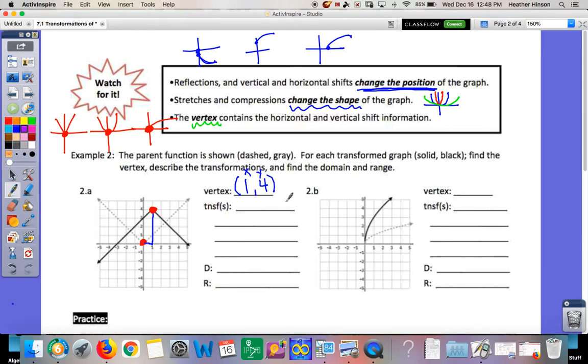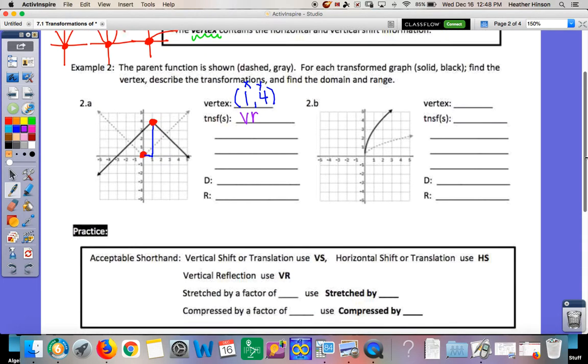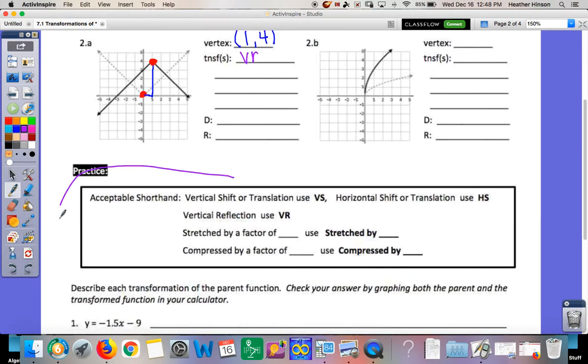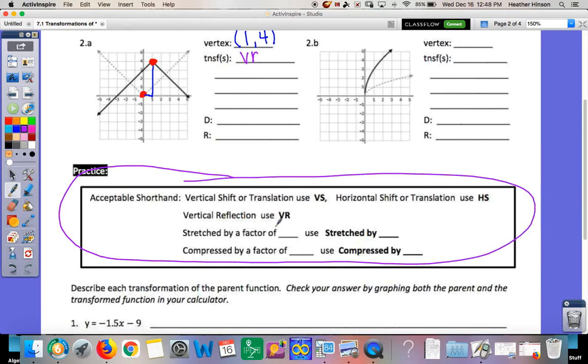Okay, and so what are our shifts? What are our transformations? Do we have a reflection? Did it flip upside down? Yes, it flipped upside down. So we're going to have a vertical reflection. Now y'all can abbreviate these when you type these into the computer. I put this at the top of your screen. For vertical reflection, we're going to use VR.